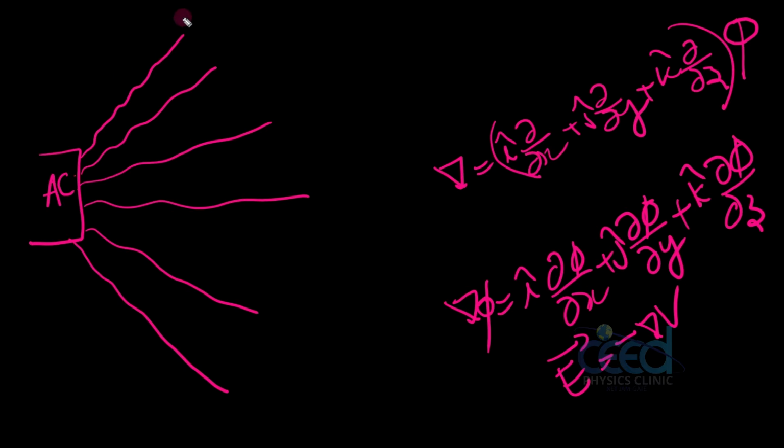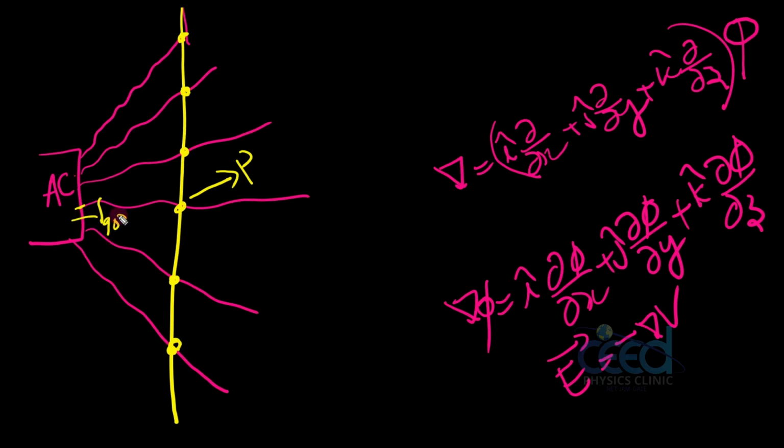If you imagine a line here with different points, where are you getting the maximum degree of cool? Obviously at this point, where the area of the air generator makes 90 degrees. So this is the direction of gradient phi.